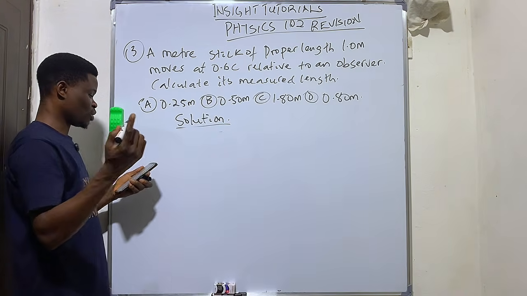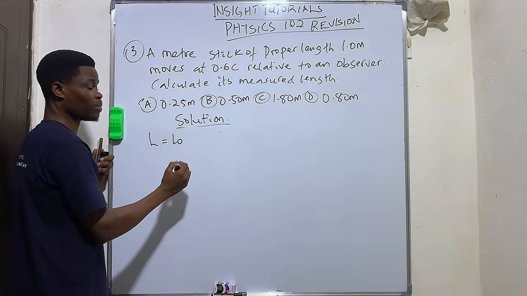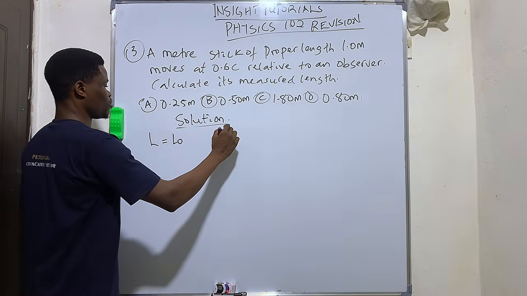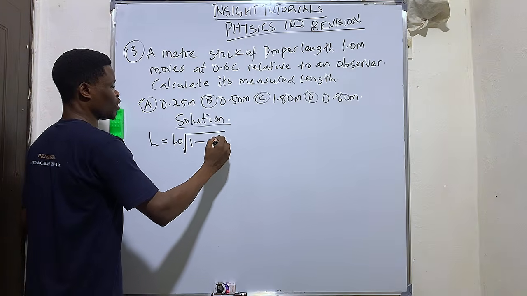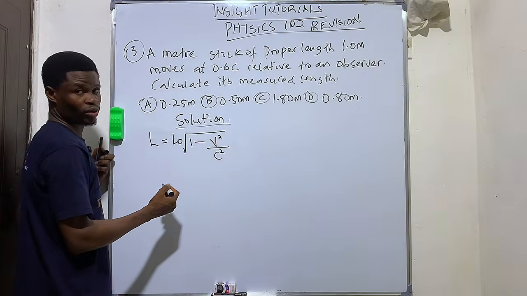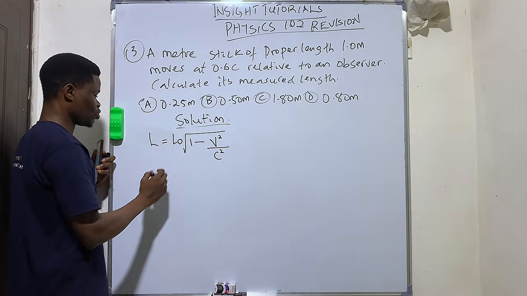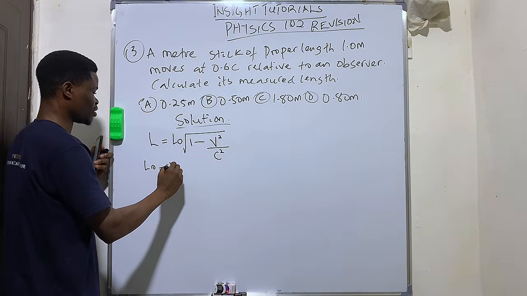All right, so the formula that will guide us in solving this is: the contracted length equals the proper length times the square root of 1 minus the velocity of the object all over the speed of light, all in their squared form. So we have it that our proper length, as given in the question, is 1 meter.